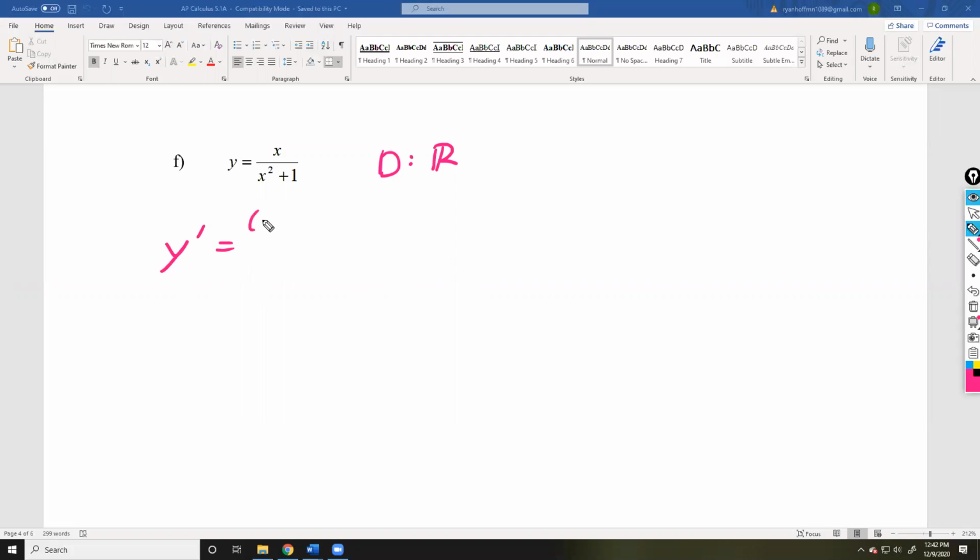We have low, d high, derivative of the top, that's going to be derivative of x is 1, minus high, d low, derivative of x squared is 2x. Over the square of what's below.